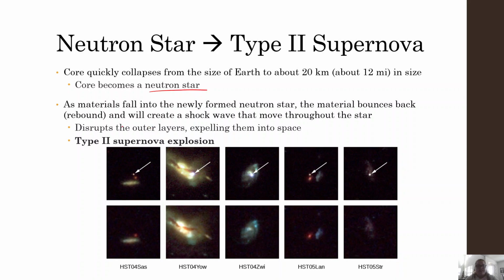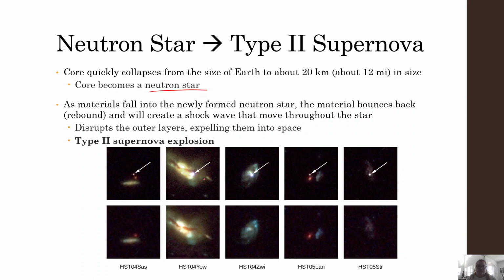And material will fall into the newly formed neutron star, and that material will bounce back or rebound from the neutron star and will create a shock wave that moves throughout the star and disturbs the outer layers, which expels them into space. So we can kind of see that in each of these.